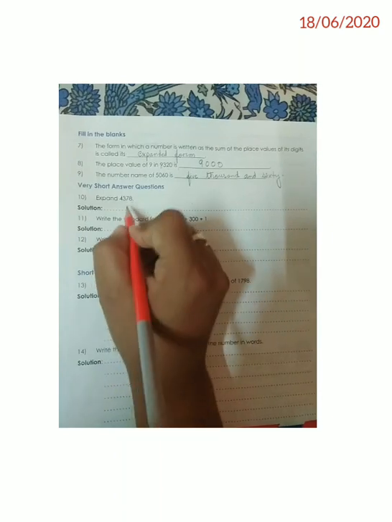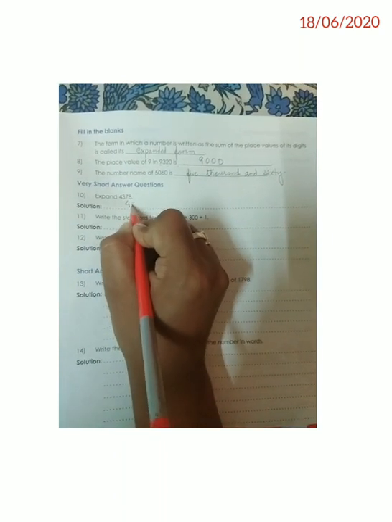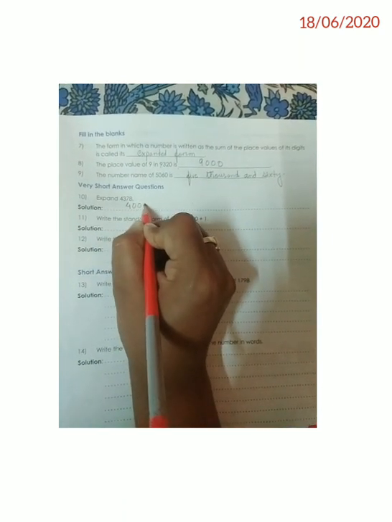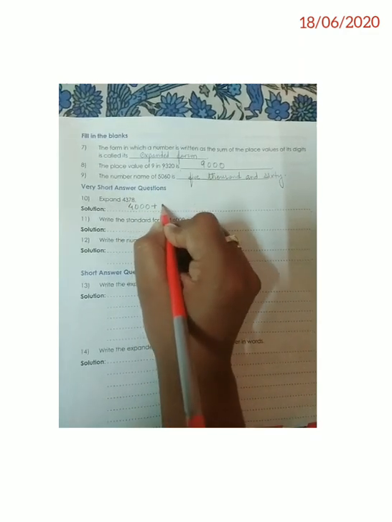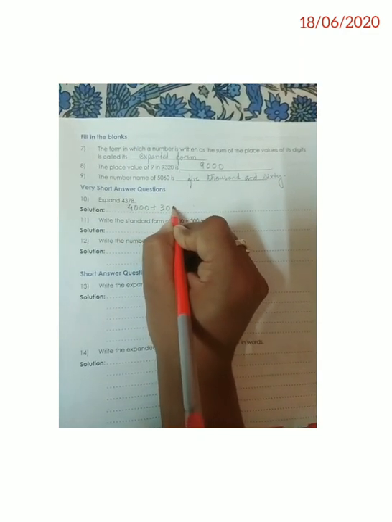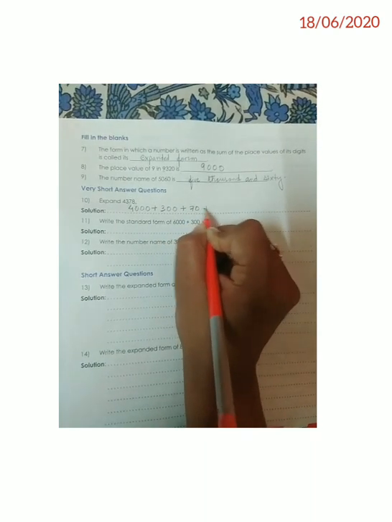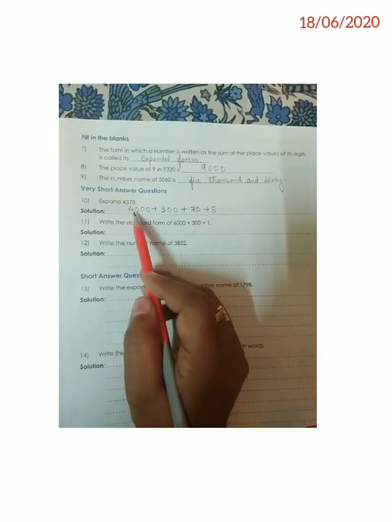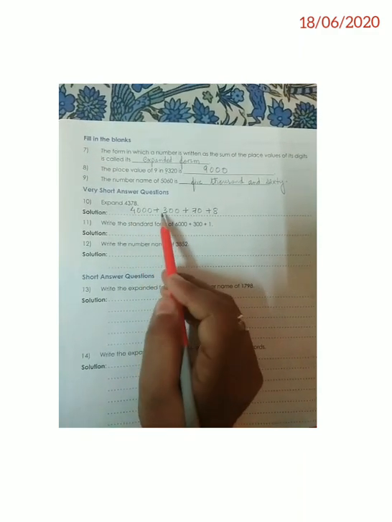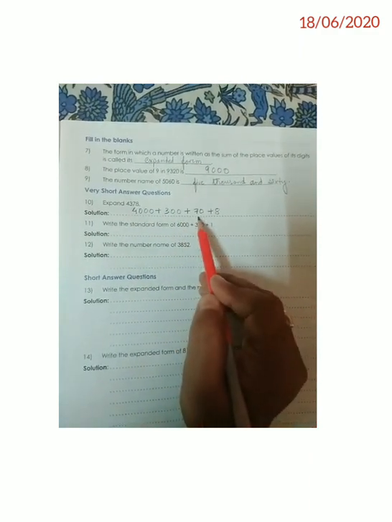So the expanded form will be what, dear children? 4000 plus 300 plus 70 plus 8. Okay, the expanded form will be 4000 plus 300 plus 70 plus 8.